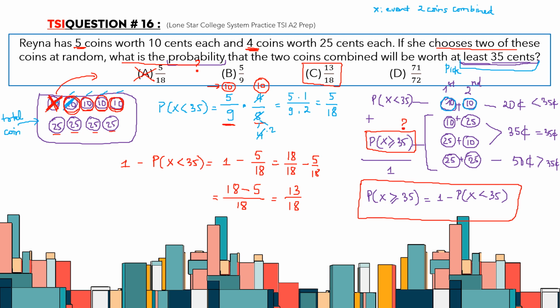If we replace the first coin in, that will be different. If we replace the first coin in, we will have the probability of 5 over 9 for the first coin. Then we put it back. Then the second one is going to be 5 over 9 again. If they said that they would replace the first chosen coin.